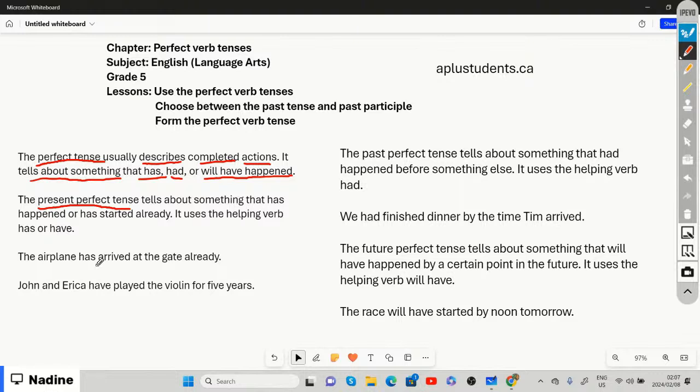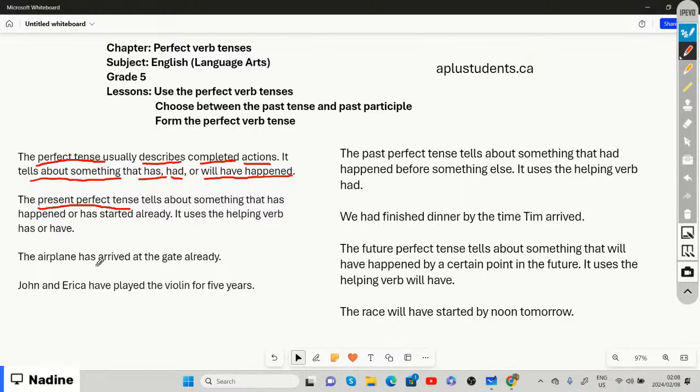All right, so once again, we see the perfect tense. It describes completed action and it tells us about something that has, had, or will have happened. And remember, tenses have to do with present tense, past tense, or future tense.